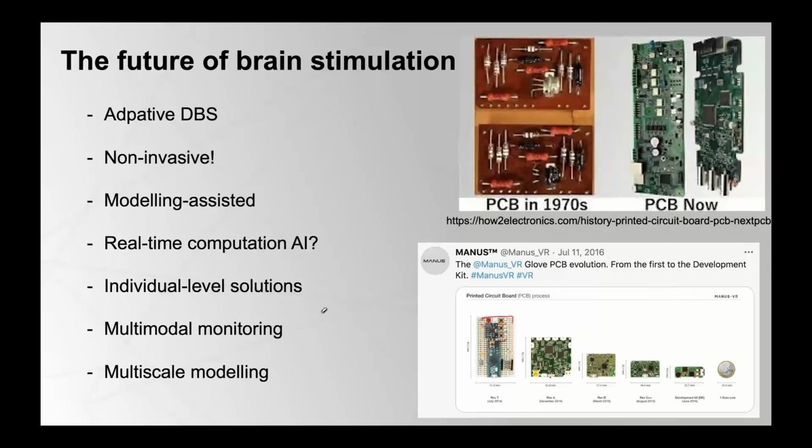At the same time, I think multimodal monitoring can be very important, because we have some good tools on the level of whole brain monitoring, like the fMRI and so on, but it's not a good spatial resolution. We can get much better spatial resolution from other methods, but they do not have such a good temporal resolution. We can get much better temporal resolution from EEG and MEG.